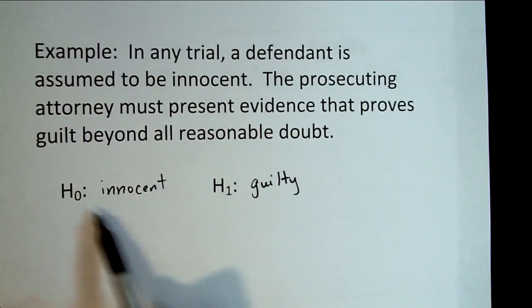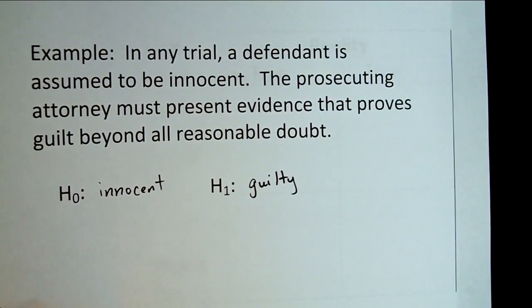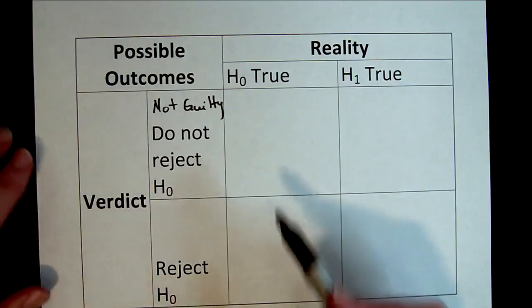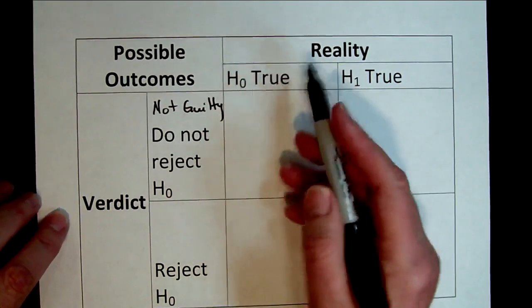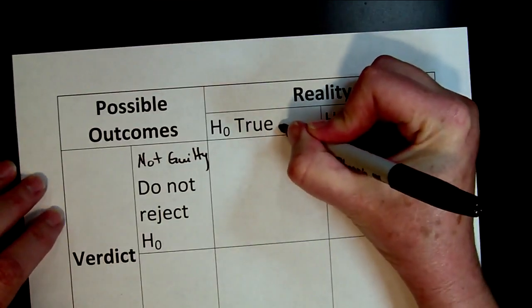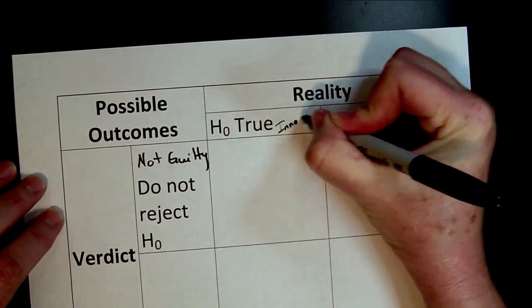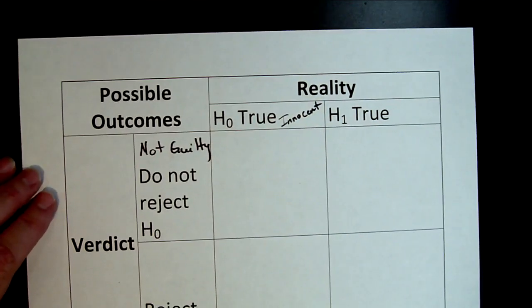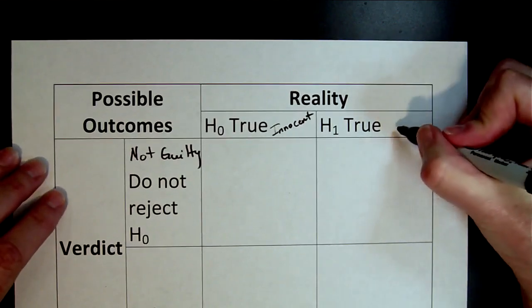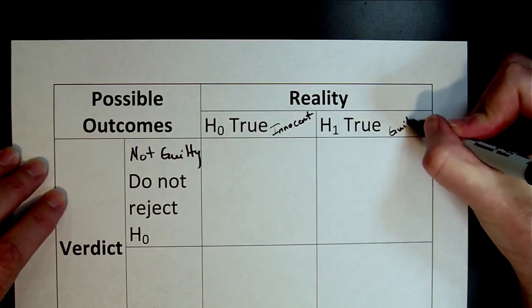So if you say not guilty, you're not rejecting that possibility. Remember, H naught is the claim that the defendant is innocent. H1 is the claim that the defendant is guilty.